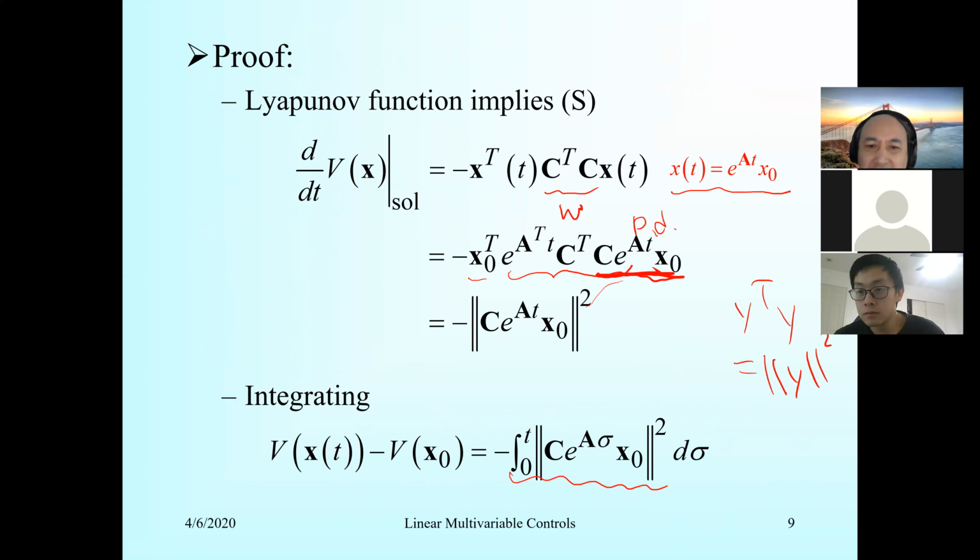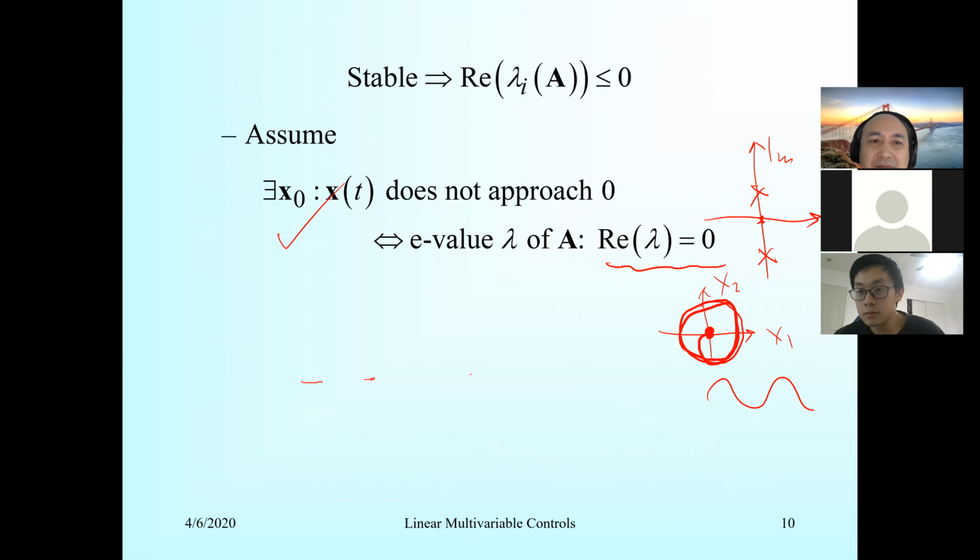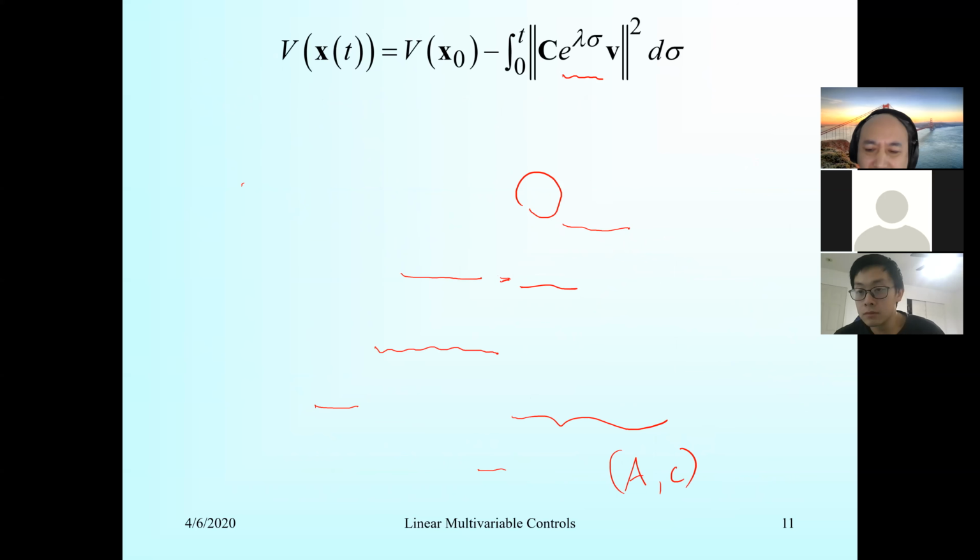This is again still proving the x. In the end, we need to prove that the size of the norm of x is bounded by an exponential function.